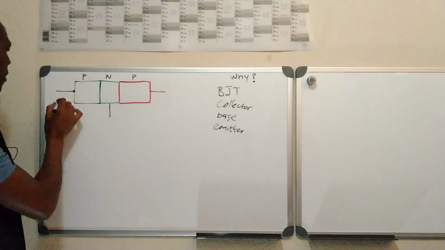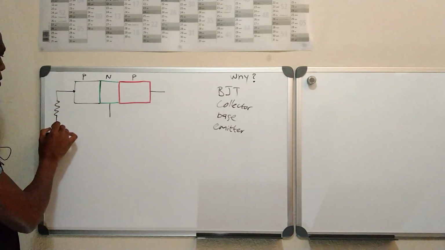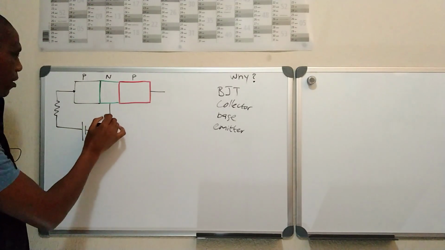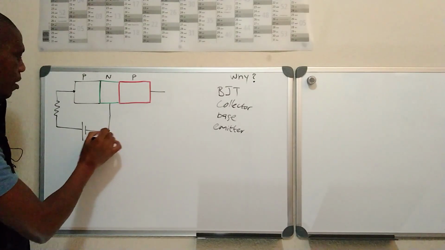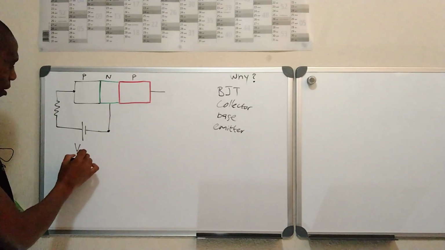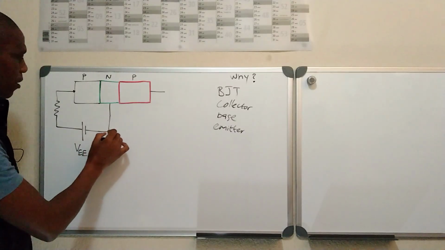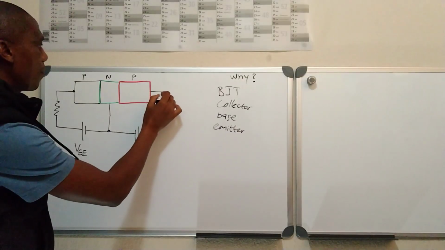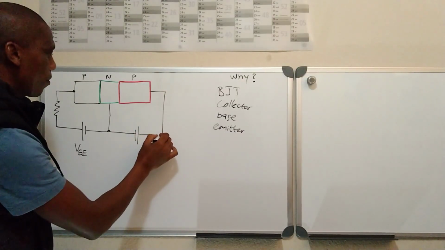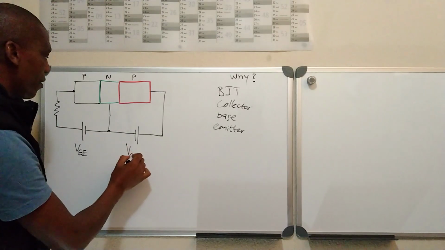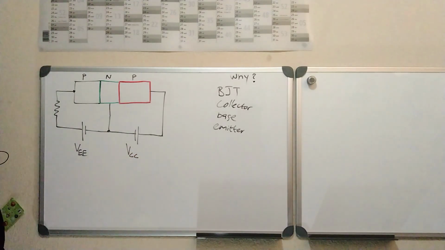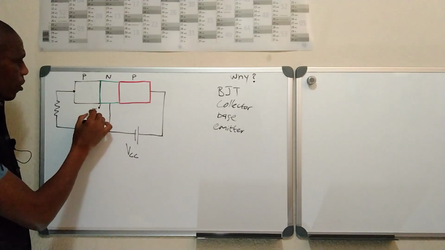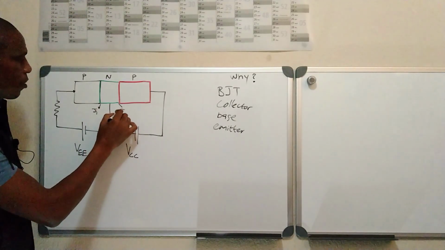The base, we put a resistor here to limit current. Then let me put a supply voltage here. I'll call the supply voltage VEE. So it is a reverse bias. I'll call this one VCC. Can you see that? This is junction number 1, J1, junction number 2, J2.